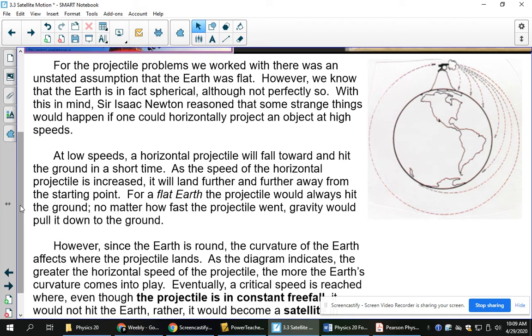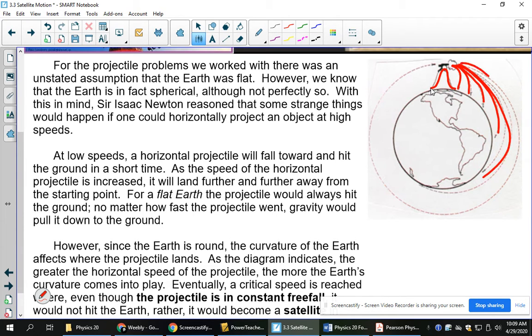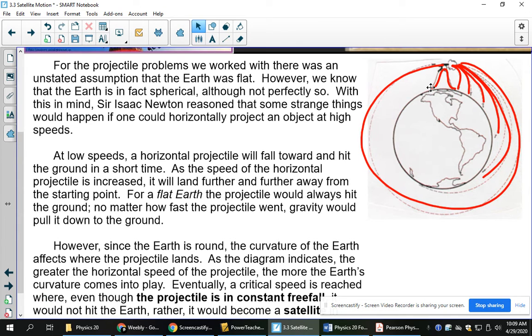You can see in this picture here what happens if you could put an object really high up, like on top of this thing, whatever it is, and increase the speed at which you're firing it, eventually it would go into orbit, like you see in the picture.